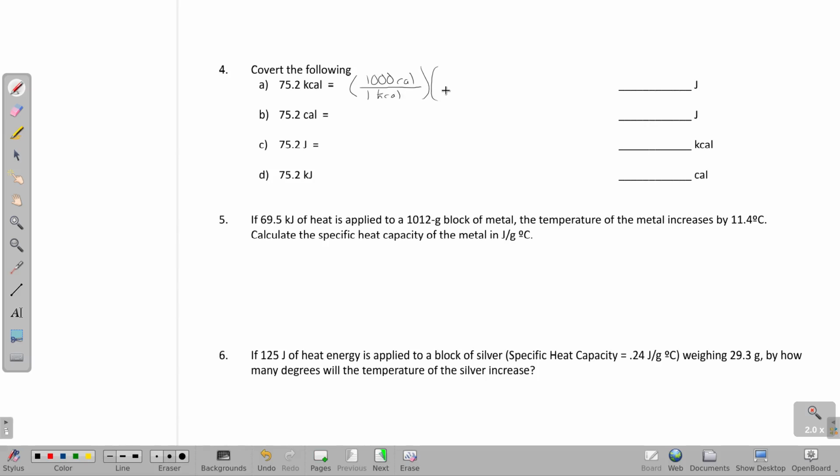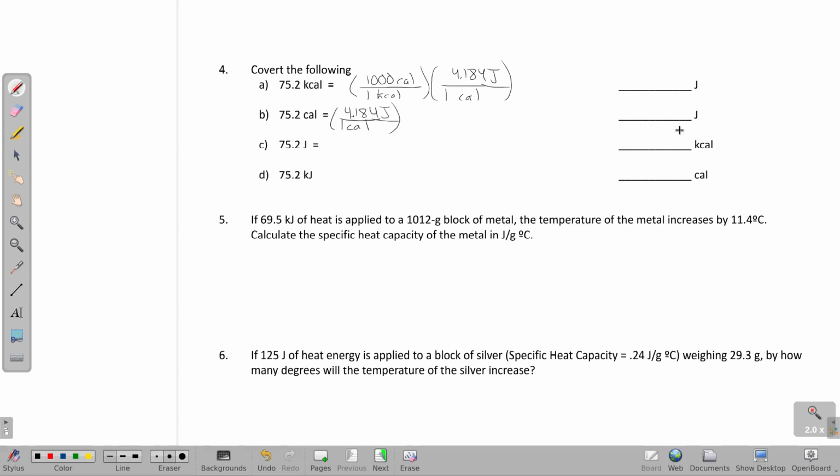And then we have this wonderful definition that 1 calorie is actually 4.184 joules. Now, for the next one, we can save our steps because we don't need that first one. We're just going to do that second one. 1 calorie is 4.184 joules.